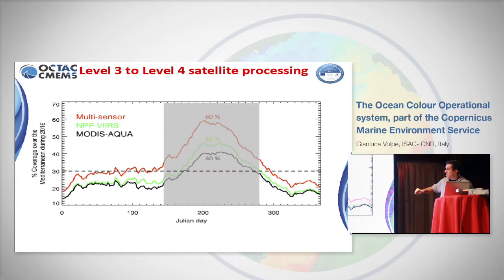We see that in black and green are the coverage from the two single sensors, Aqua and VIIRS. And when we use the multi-sensor, there is an increase of about 20 to 25%. But still, most of the time, the basin is only covered by 30 percent or even less.